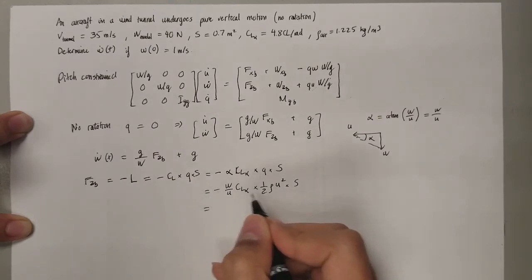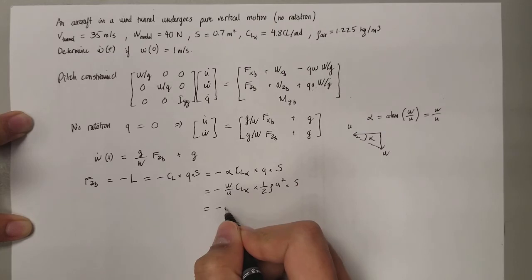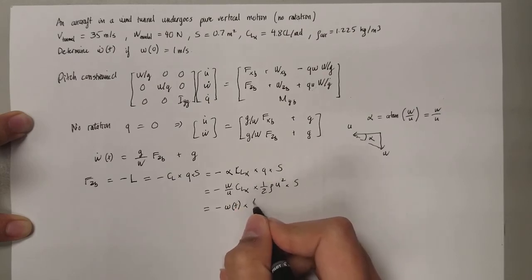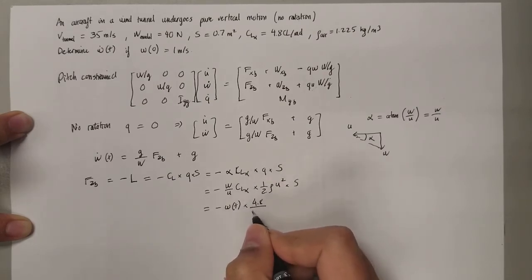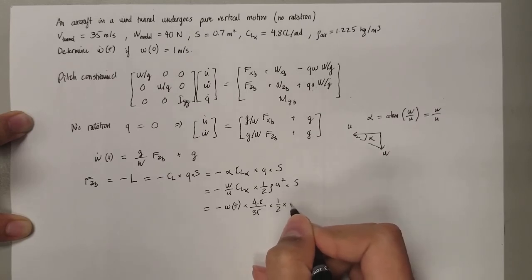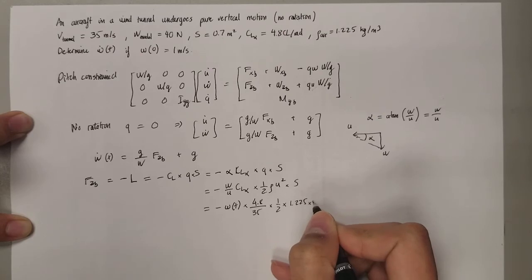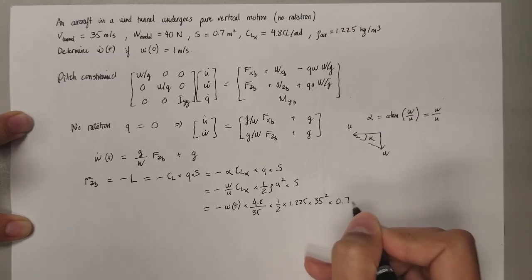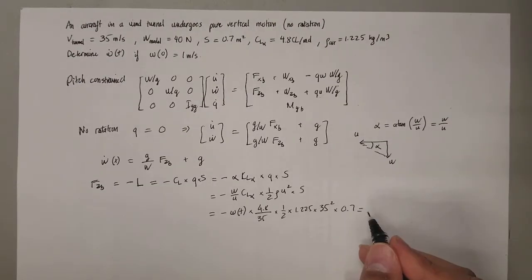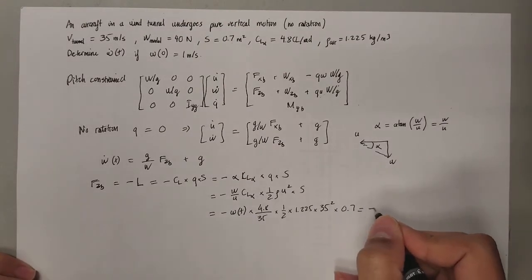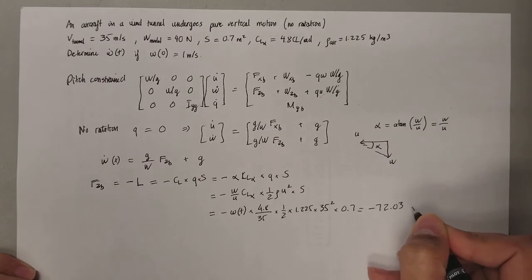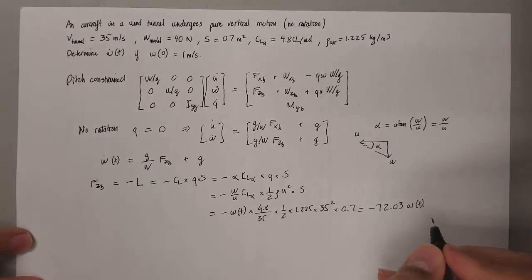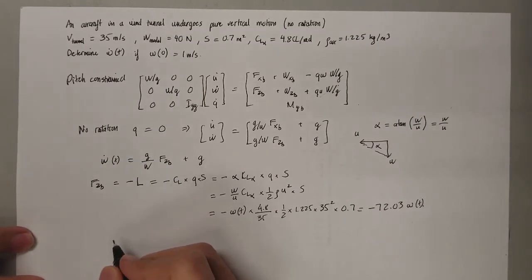If you put in all the numbers except for W, which you don't know yet, it's just going to be W with respect to time times CL alpha divided by U times half rho V squared times the area, and this is going to turn out to be negative 72.03 W(t), which is the translation in the vertical direction.